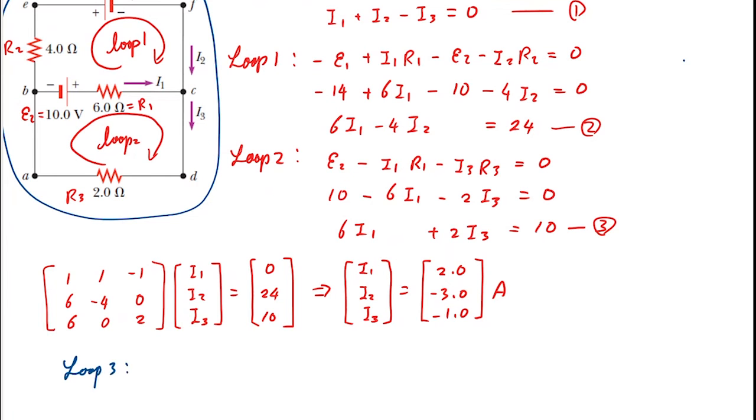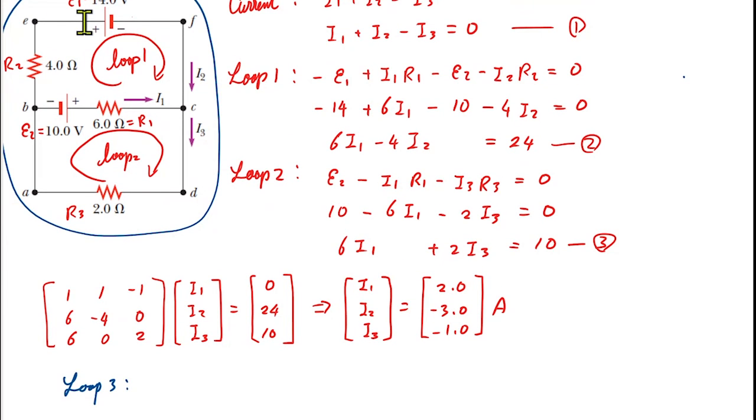Loop 3. Okay, so E1, we're gaining, so E1 is positive, and then we lose voltage here, so we have minus I2 R2 through this.